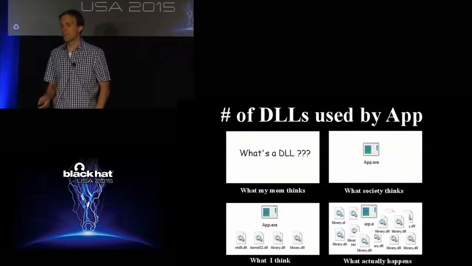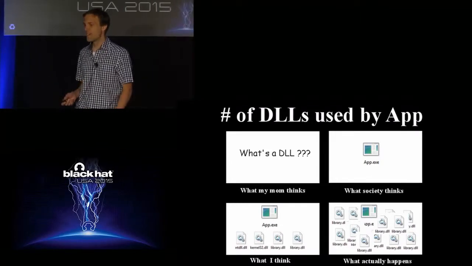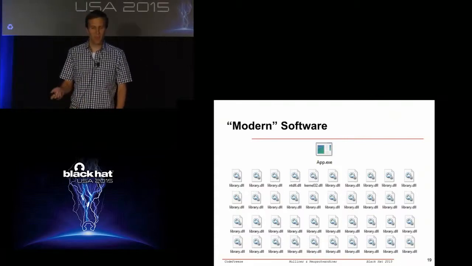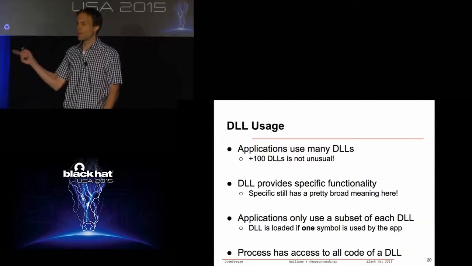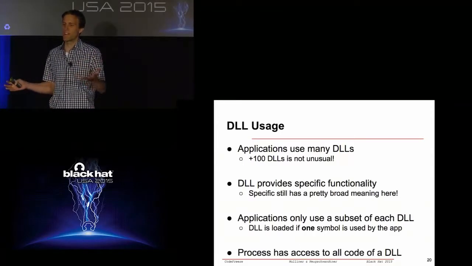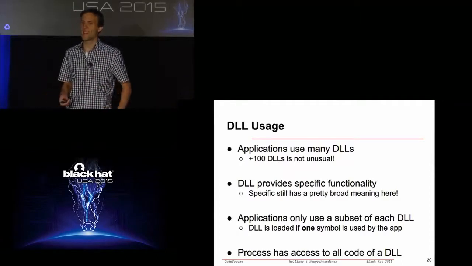But it turned out that we weren't exactly right, because we vastly underestimated the number of DLLs that are actually being used by an app. If you look at modern software, it really looks more like this. Modern applications link up to DLLs in the number of hundreds.